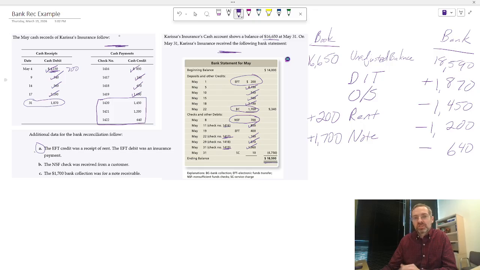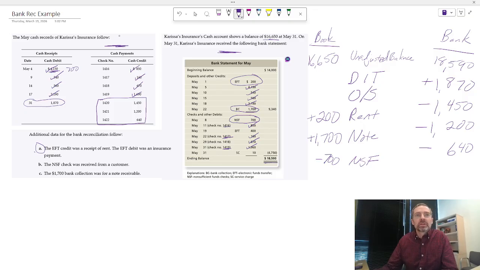It's a bounced check. So our bank, they had already put $700 into our account, but they said, sorry, there's not money for that. So they took the $700 back out. So we need to subtract $700 for the not sufficient funds check or the bounced check.